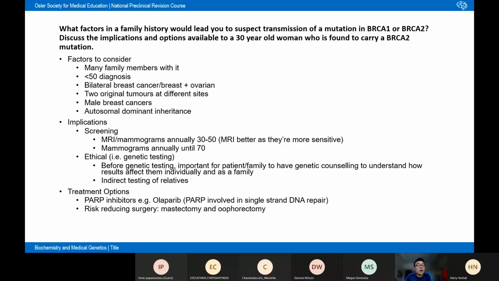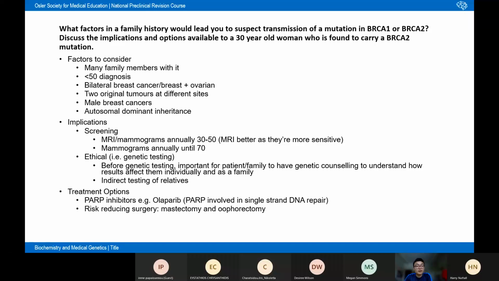So an example of a PARP inhibitor is olaparib, and this has been approved for patients with BRCA mutations in, I think, ovarian cancer, I believe. And finally, if a patient is known to have a BRCA1 or BRCA2 mutation, they may want to have risk-reducing surgery, so a mastectomy or an oophorectomy, so removal of the breasts or the ovaries to reduce the risk of cancers occurring at these sites.